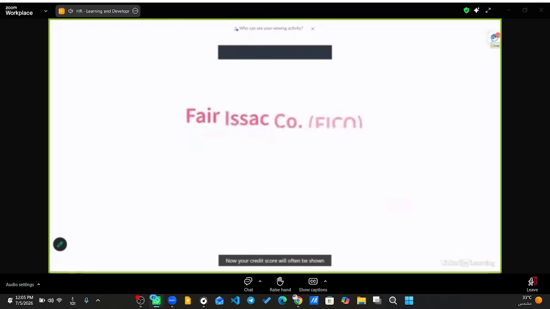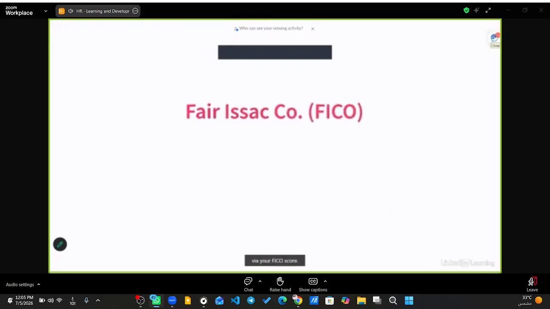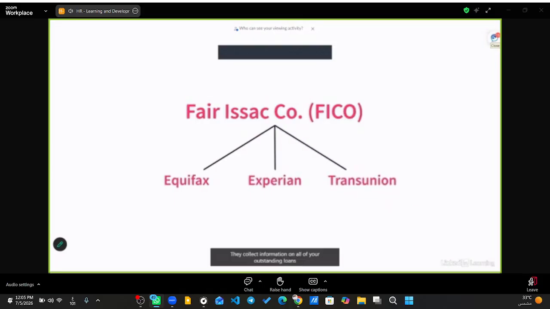Now, your credit score will often be shown via your FICO score. FICO is not an acronym. It's a company, Fair Isaac Company. Your FICO score comes from one of three credit unions, Equifax, Experian, and TransUnion. They collect information on all of your outstanding loans and credit cards.